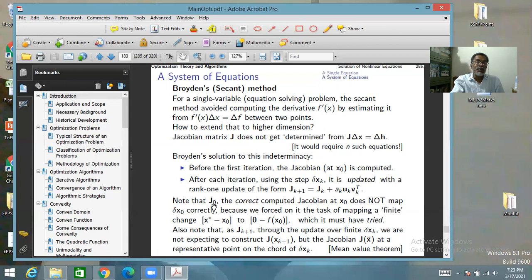Initially, J0, the correctly computed Jacobian at x0, actually did not map delta x to delta h correctly like this, because we started with J times, on this side, just minus h(x), that means 0 minus h(x).